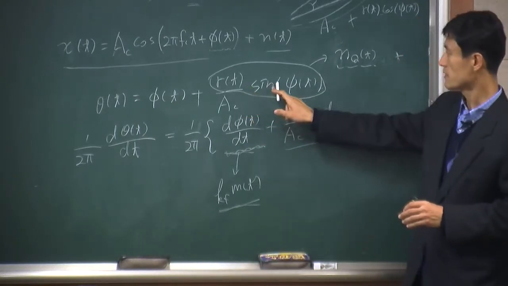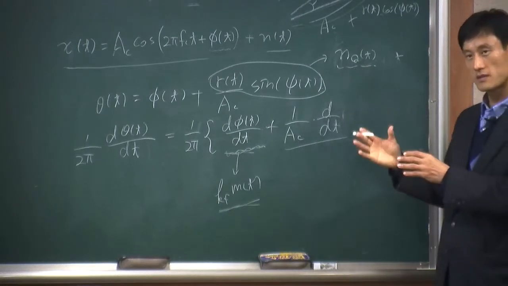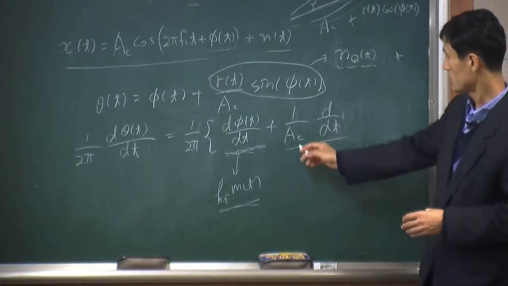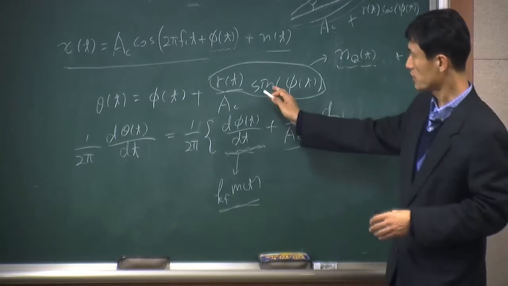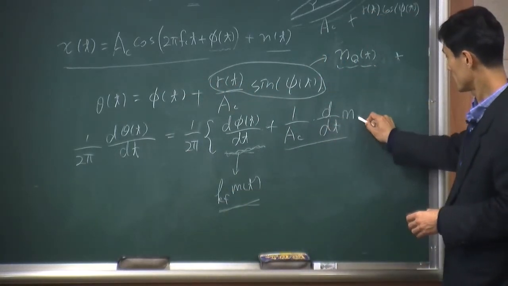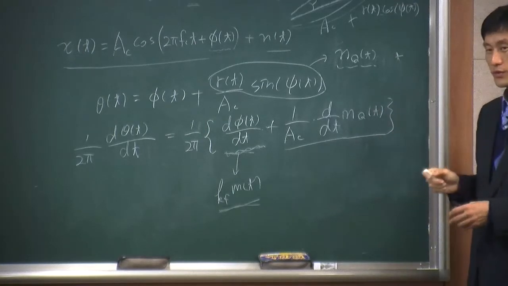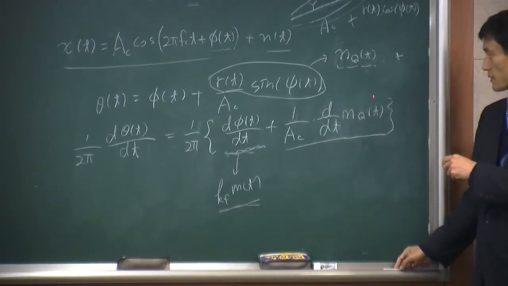So r(t) sin psi(t) is the same as n_Q. Then when you put this into the time derivative, this is the time derivative of n_Q(t). That's what we're going to get.